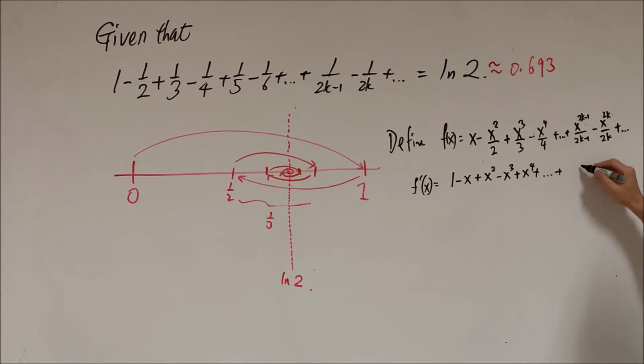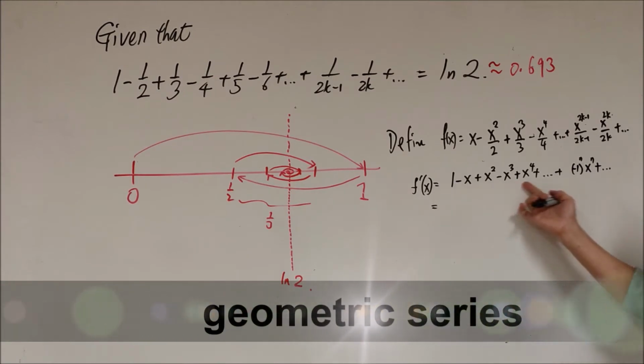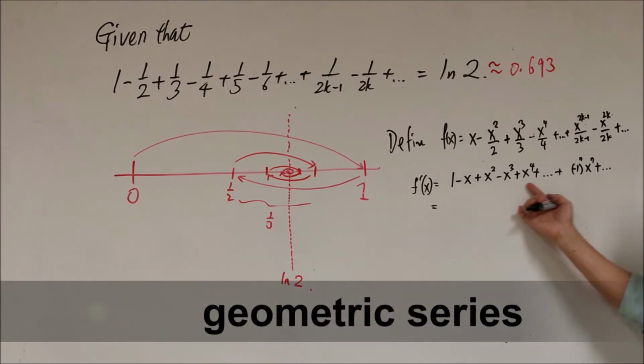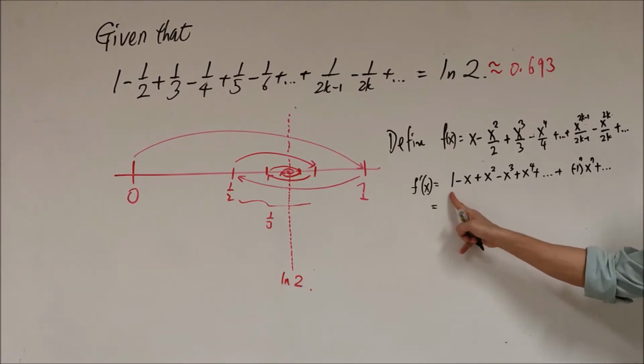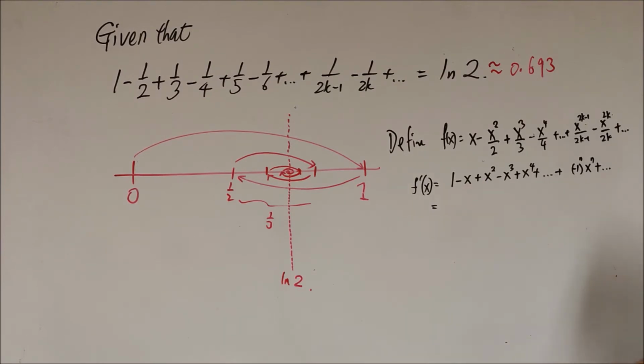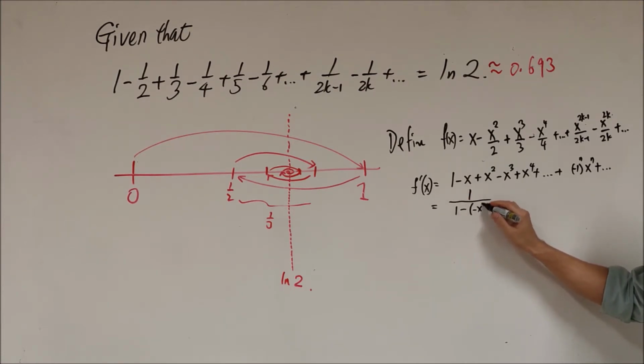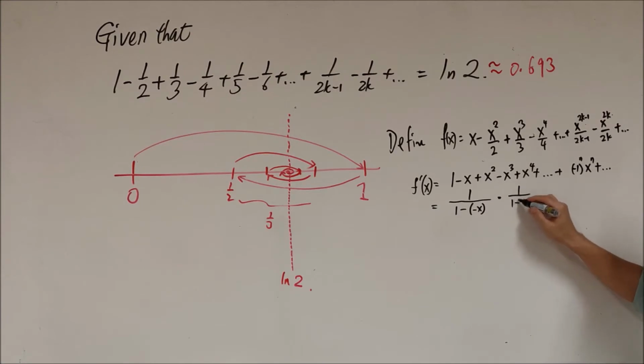And we can see that this is actually equal to (-1)^n x^n. And we can recognize that this series is actually a geometric series with the first term 1 and the common ratio of -x. So the sum will be equal to a over 1 minus r. With r equal to -x, this is 1 over 1 plus x.